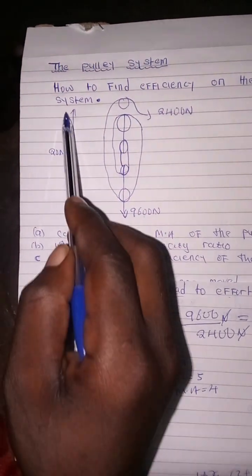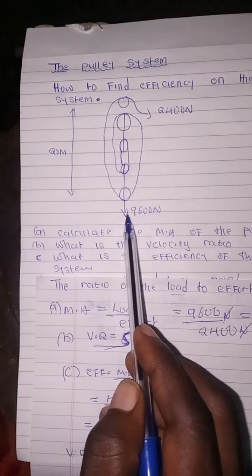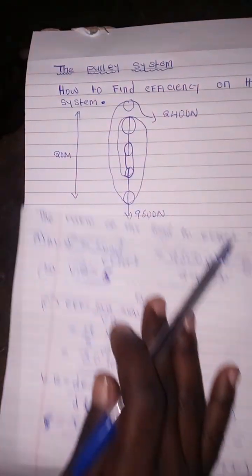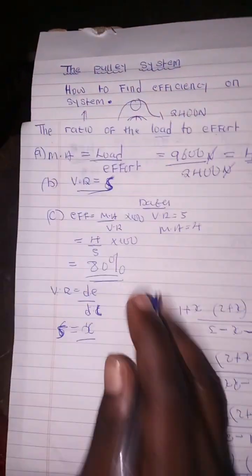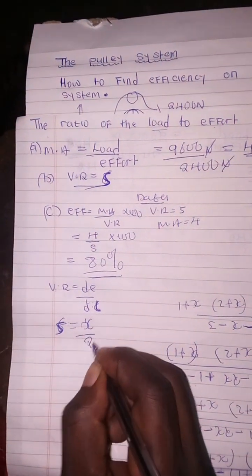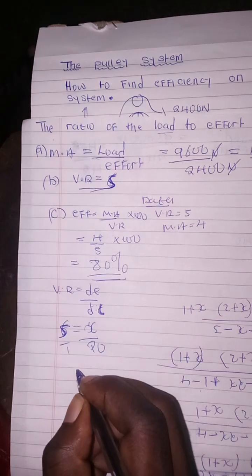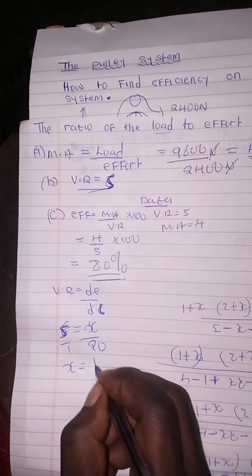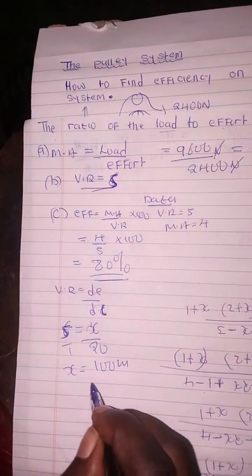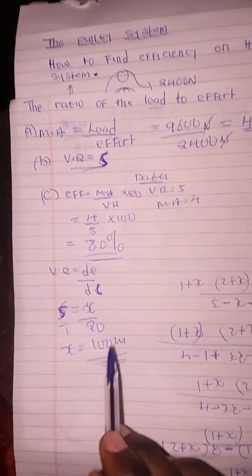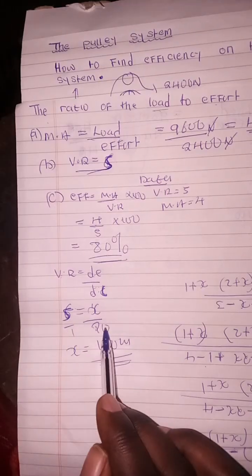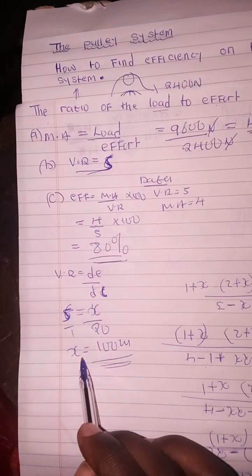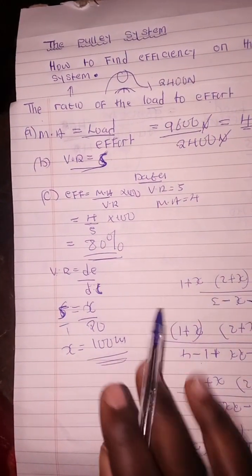So the distance moved by the load was 20 meters, over 1 here. Then x is equal to 100 meters. It means the distance moved by the effort was 100 meters. Just say 5 times 20.